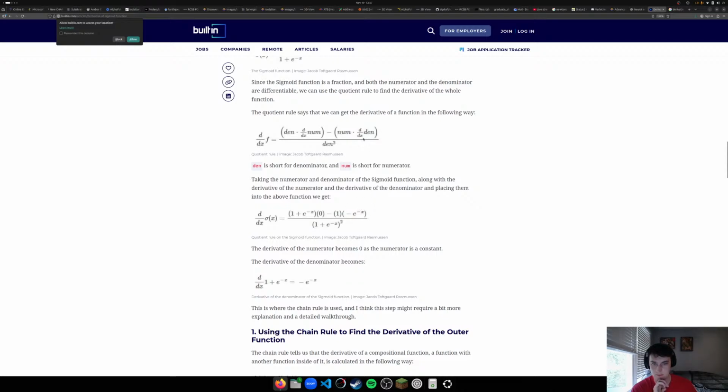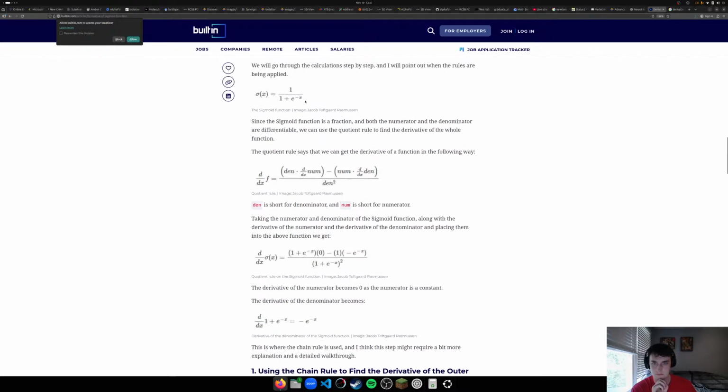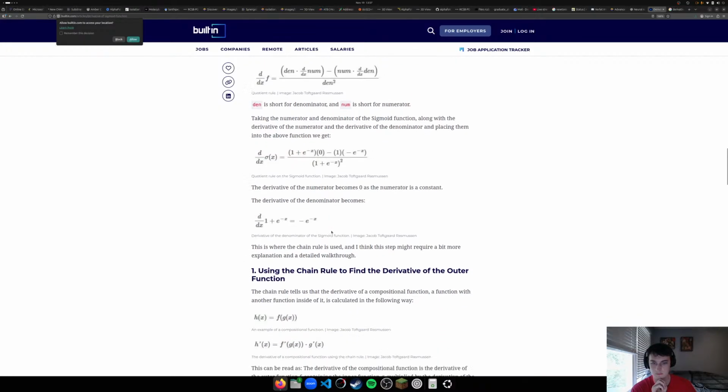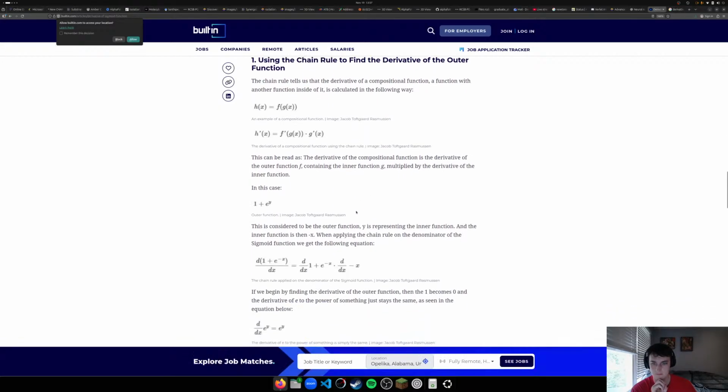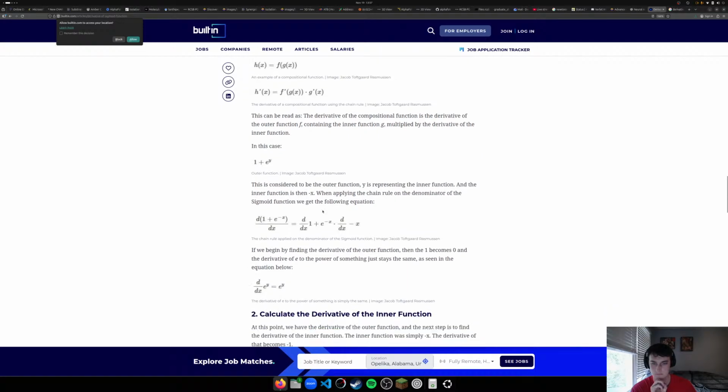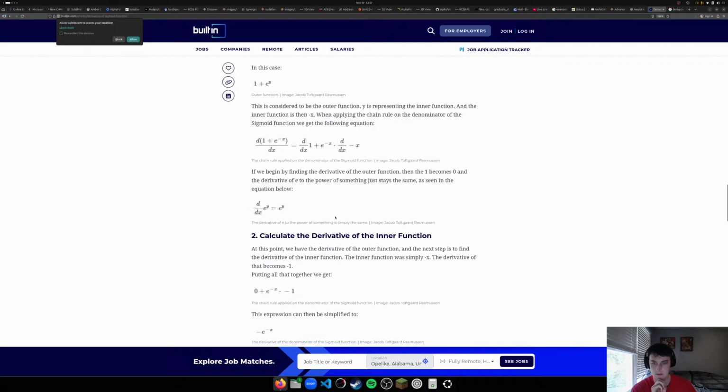So we're using the quotient rule, then within here it'll be the chain rule. So chain rule right there, then the quotient rule. Oh yeah, that explains that.